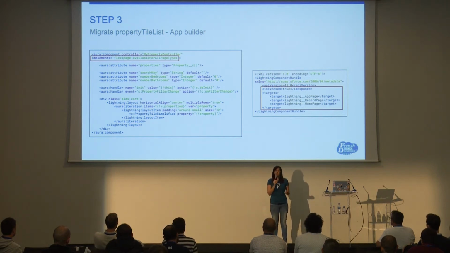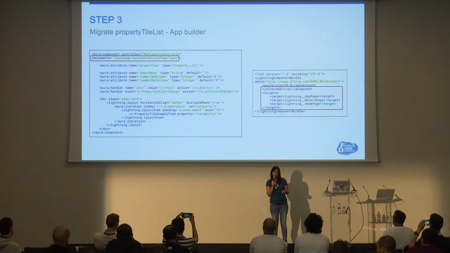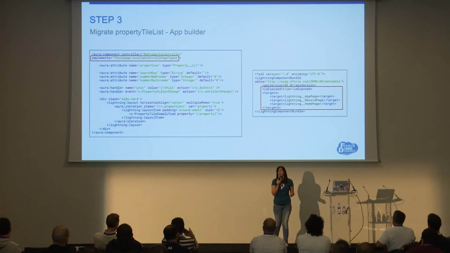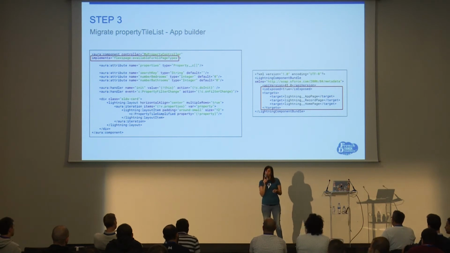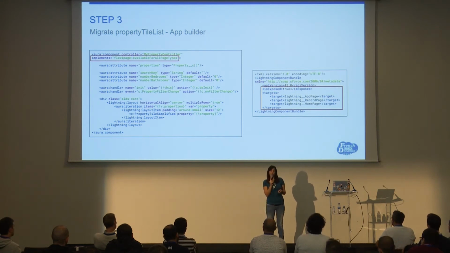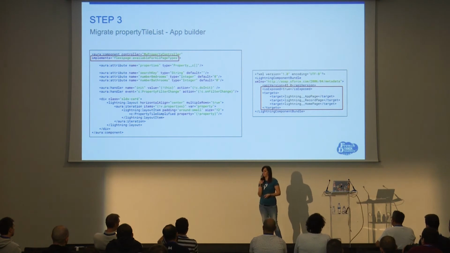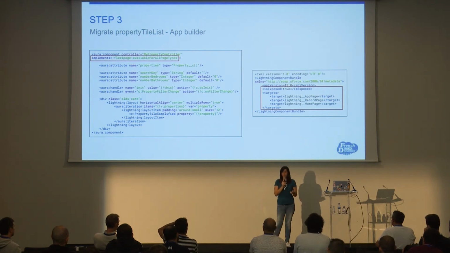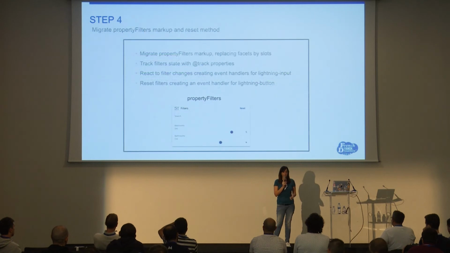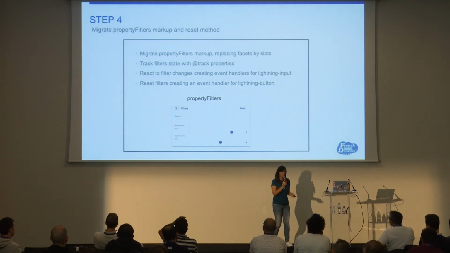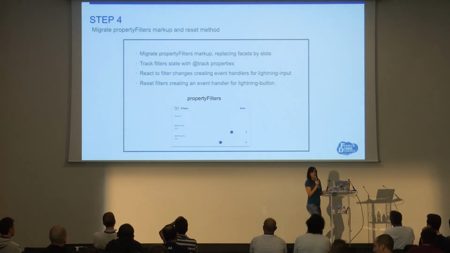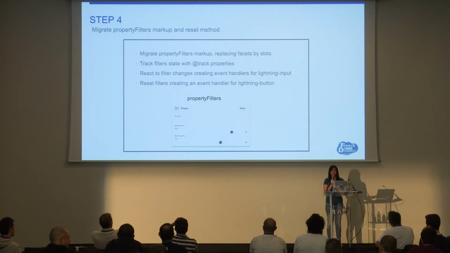The good news is that now we have much more configuration options because we can, for example, say that a page is going to be available for record pages, but only for accounts and opportunities. I recommend you to take a look because it's much better now. Okay, so we migrated our property tile and our property tile list.